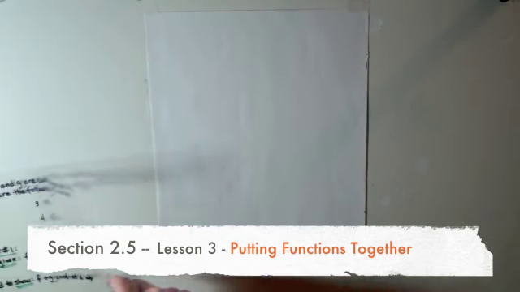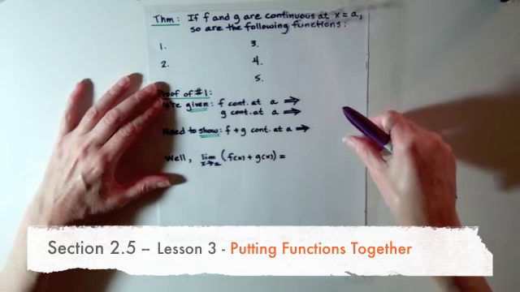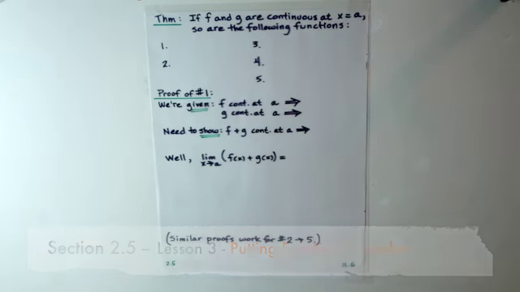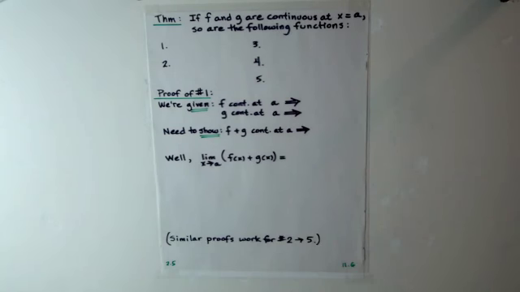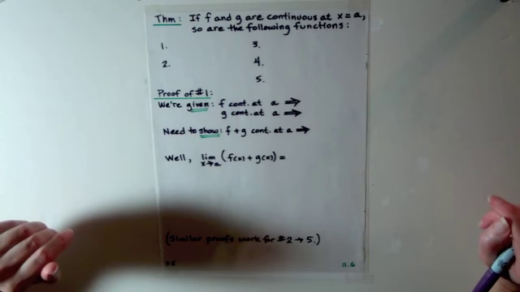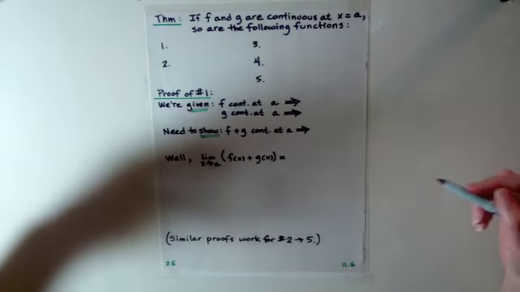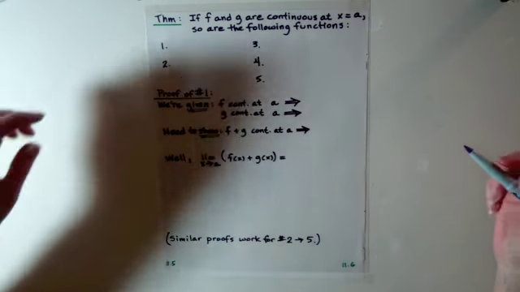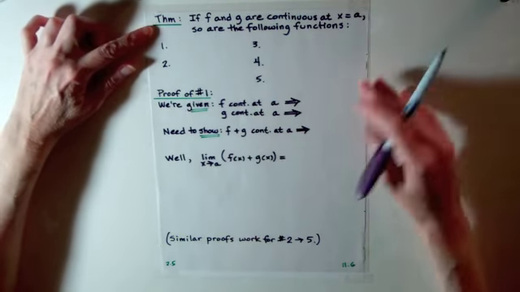What I'd like us to do next is to look at a kind of general theorem that talks about adding and subtracting and multiplying and dividing functions that we already know are continuous at some particular number, and what that means about the sums or differences of those. So let's go ahead and go through this theorem.